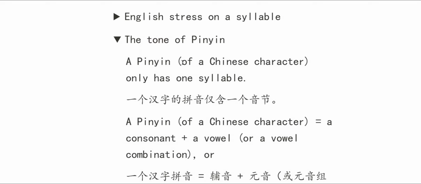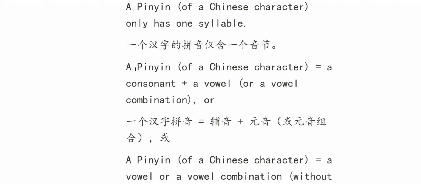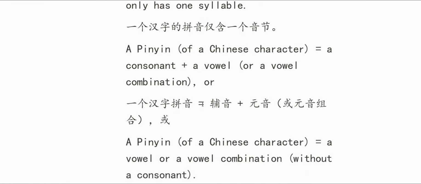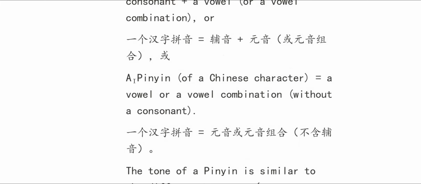So a pinyin or a Chinese character only has one syllable. A pinyin or a Chinese character is a consonant plus a vowel or a vowel combination, or a pinyin of a Chinese character is a vowel or a vowel combination without a consonant.